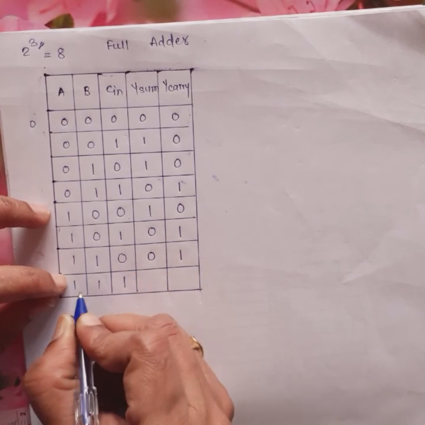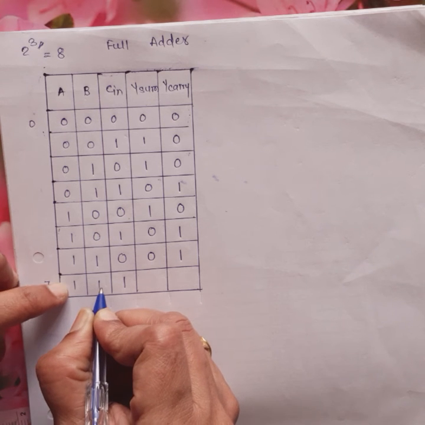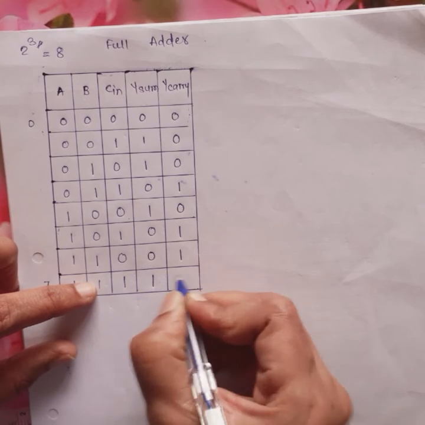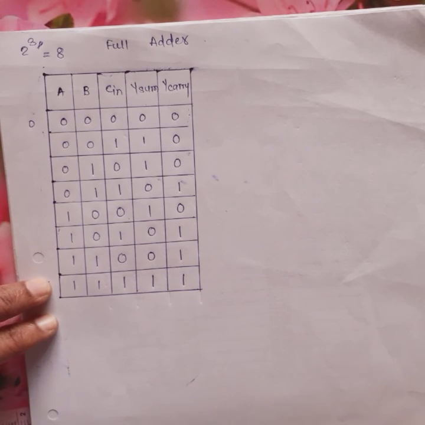For 1, 1, 1, see 1 plus 1 is 0, carry is 1, and that sum 0 plus 1 is 1. The previously generated carry is 1.